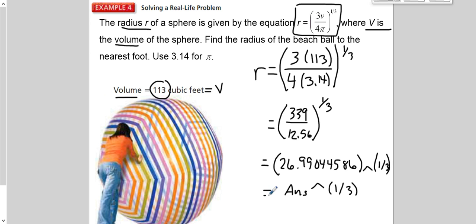And we get 2.9996, and then it keeps going. Well, pretty much that's 3. So our radius is approximately 3. What were we measuring in? This was cubic feet. 3 feet.